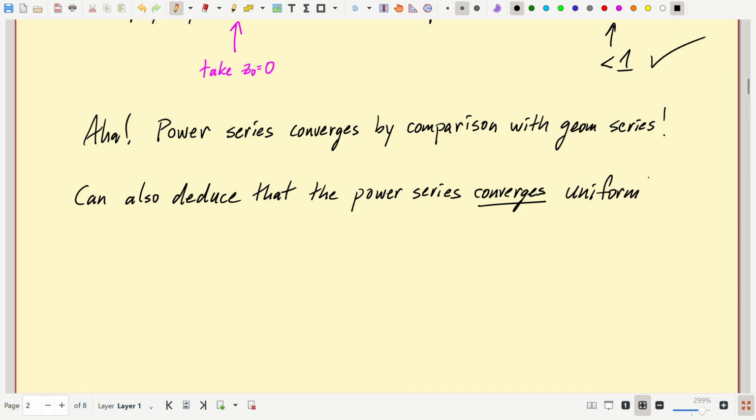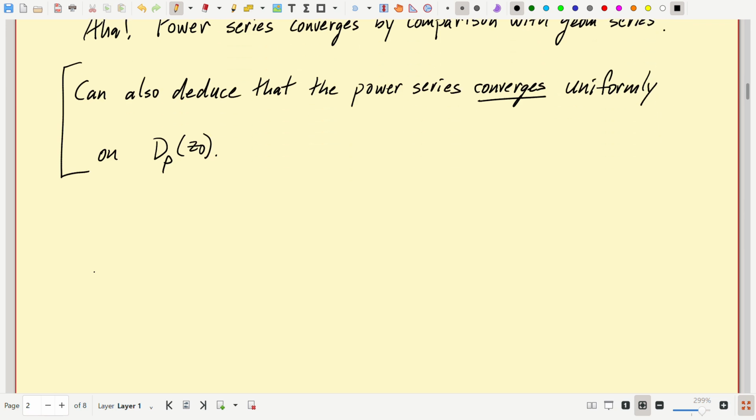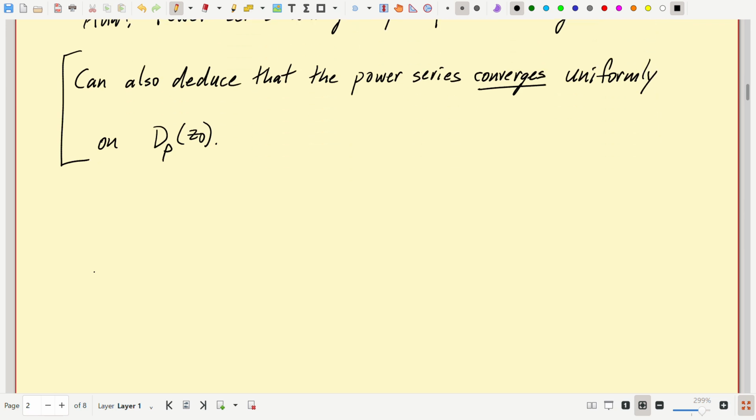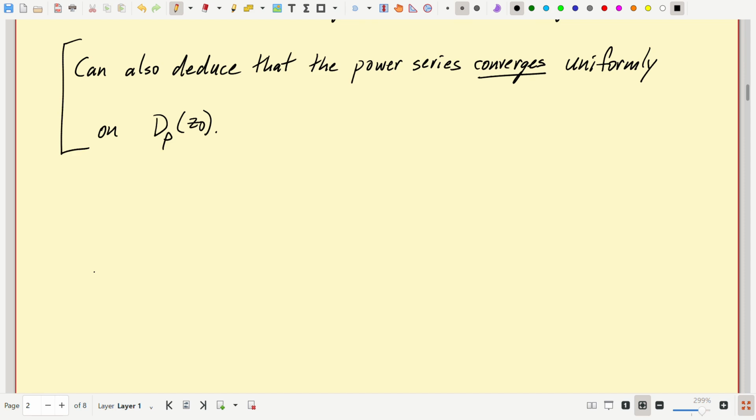And I could also deduce by this estimate that the series converges uniformly on the smaller disk, on the disk of radius rho about z naught, which I took to be 0. I've done that before, so I won't do that again. And now the last step in the argument is to see that the series diverges outside that radius.